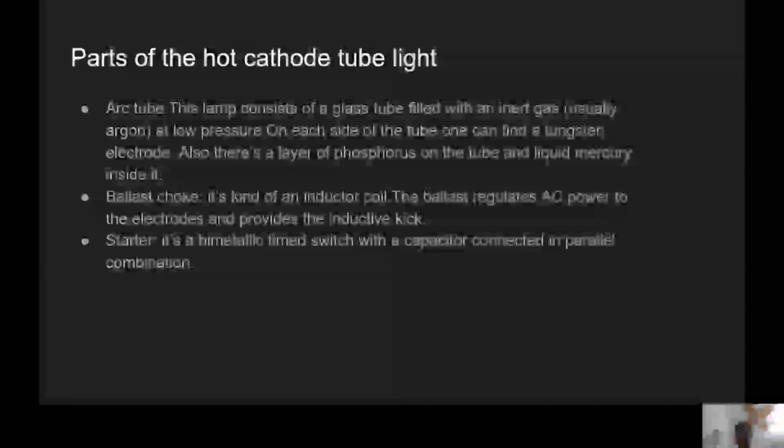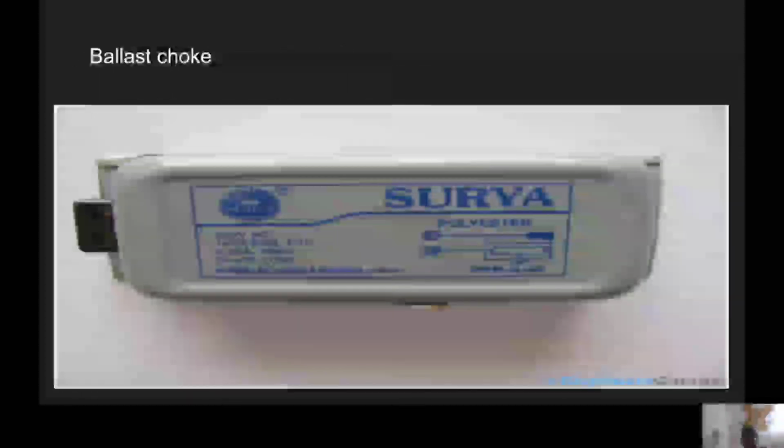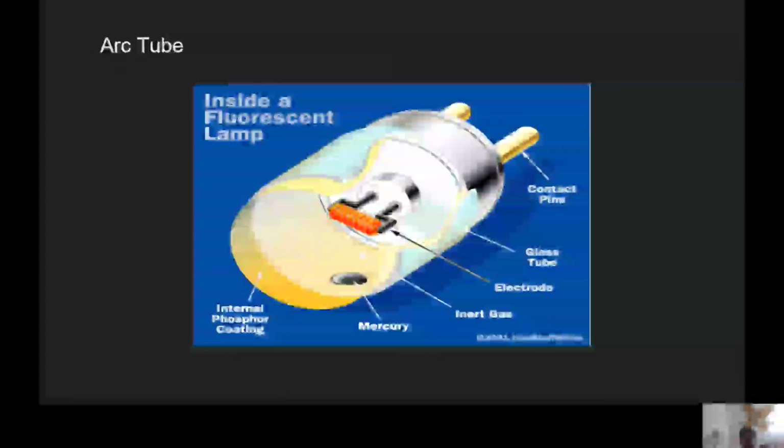So the parts of a cold cathode tube light are the arc tube, ballast, and starter. If we look at the ballast choke, it's basically an inductor. A point to be noted here is that its power factor is only 0.5, which is fairly low. And now we have the arc tube.